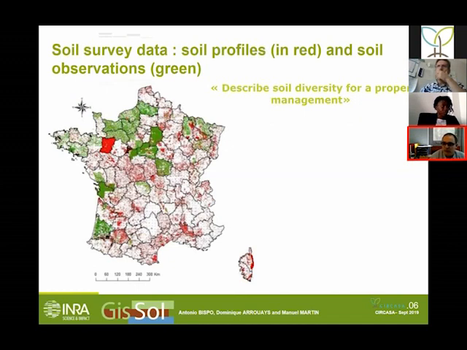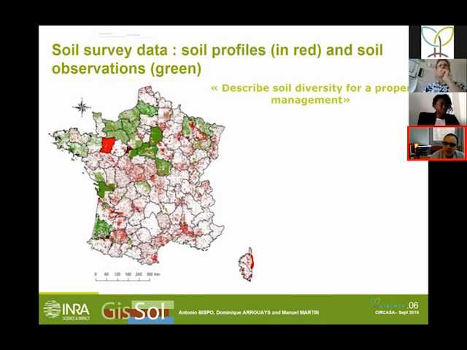On those points, we have a soil sampling strategy and analysis linked to that point. And the green points are just topsoil observations, meaning sometimes we have an analysis, but in most cases, we have just a very quick description of the soil. So it's just an observation.